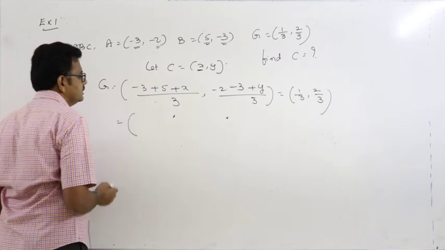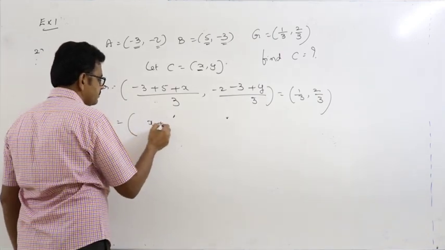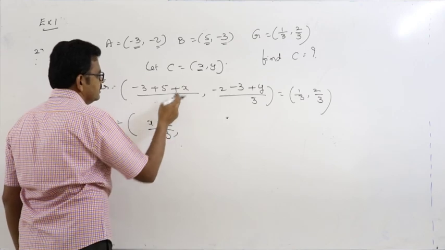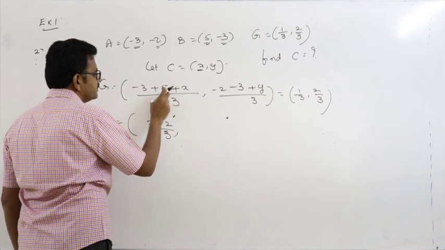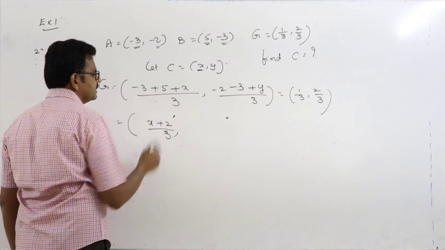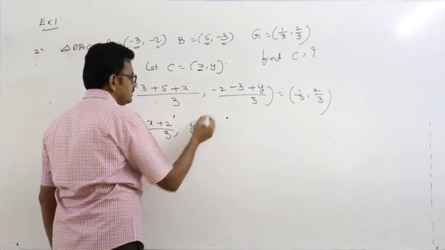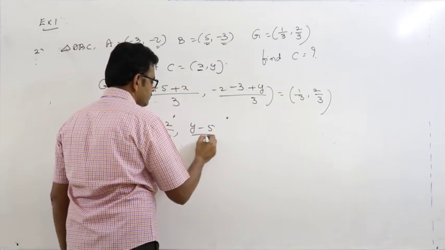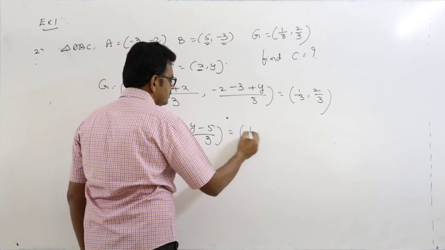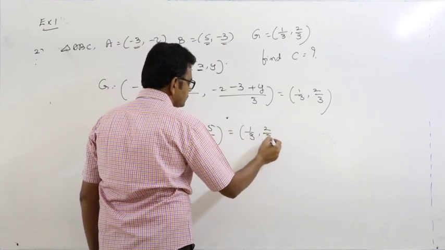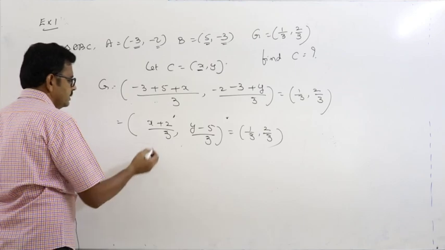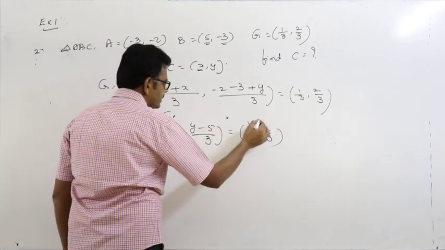So this is x plus 2 by 3, since minus 3 plus 5 is 2, and this is y minus 5 by 3 is equal to 1 by 3 comma 2 by 3. So x coordinate equal to x coordinate.